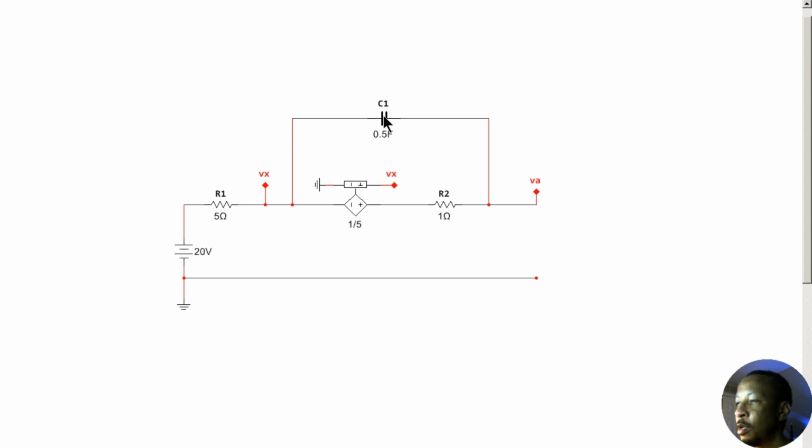Other than that, the only other question would be, why go through all of this S domain analysis in order to do this? Well, it's in order to avoid the time-based equations, which are differential equations when you have a capacitor in your circuit.